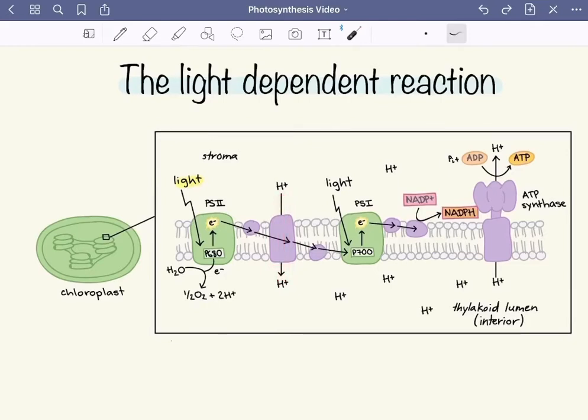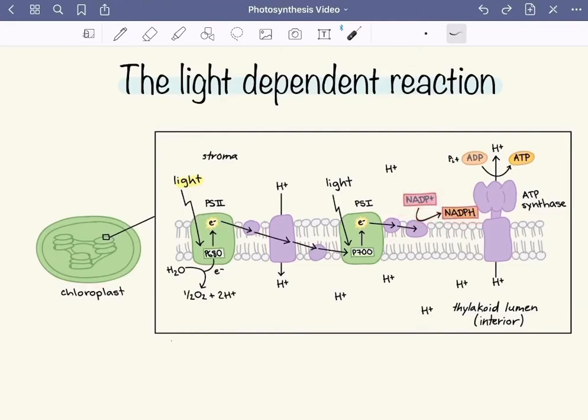The protons are returned to the stroma with the ATP synthase, which uses their passage with chemiosmosis to synthesize ATP. Excited electrons from photosystem 1 are used to reduce NADP+, forming NADPH.